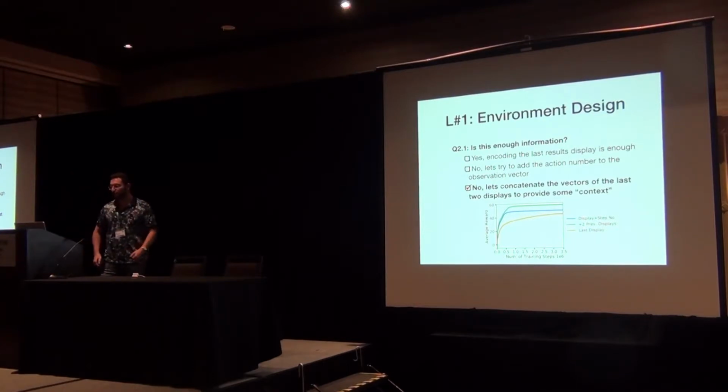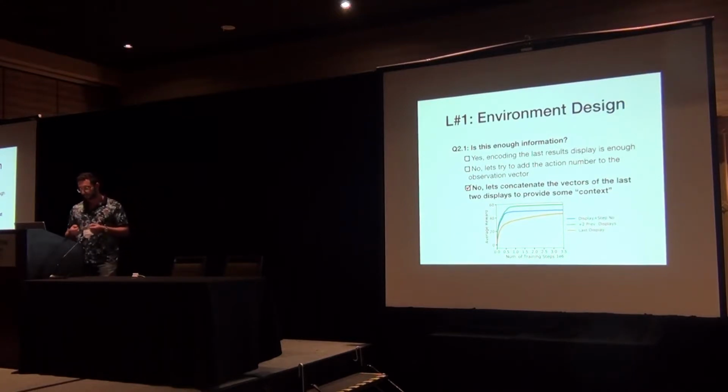And then the second question was, is that enough? Is that enough information for the agent to make good decisions? So we moved on and implemented the rest of the components of the system in order to test it in practice. At the bottom of the slide, you can see the learning plots. The x-axis is the number of training steps, and the y-axis is the average reward.